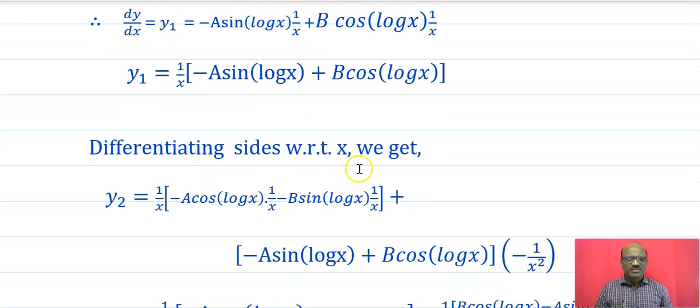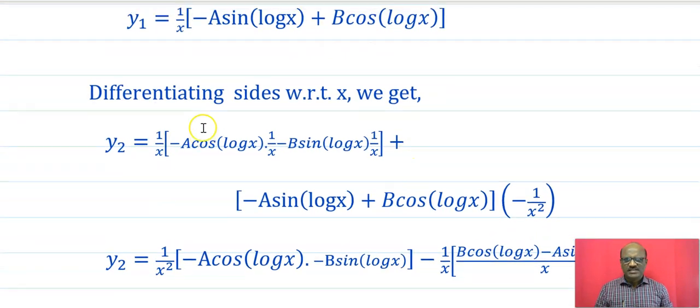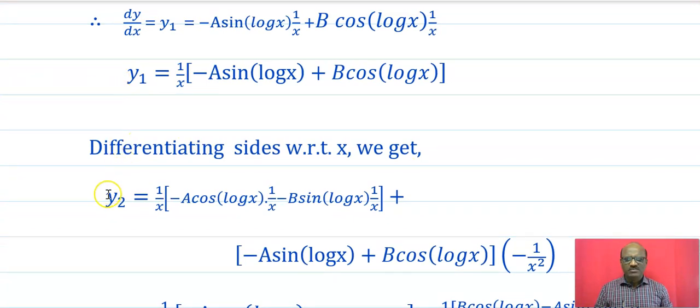Now again differentiate this with respect to x. Therefore, derivative of y1 is y2, which is d2y by dx square. Now differentiate this, that is 1 upon x. Now the derivative of the first term: the derivative of sin of log x is cos of log x into d/dx of log x, which is 1 upon x. Derivative of cos of log x is minus sin of log x into d/dx of log x, which is 1 upon x.